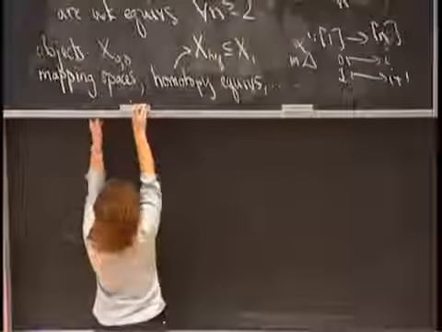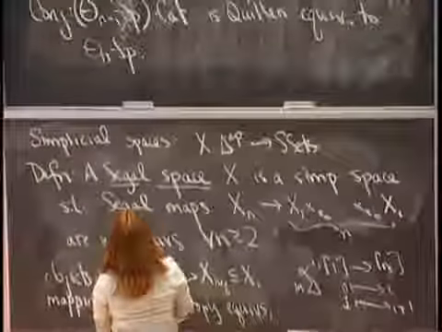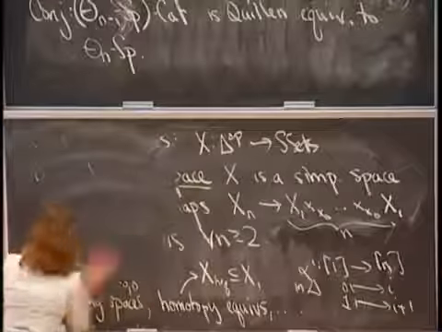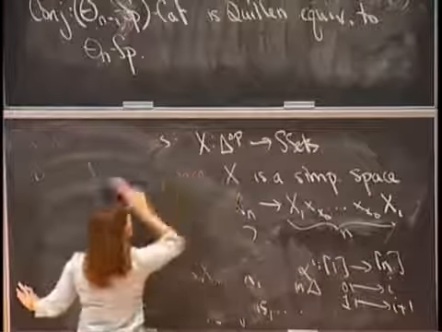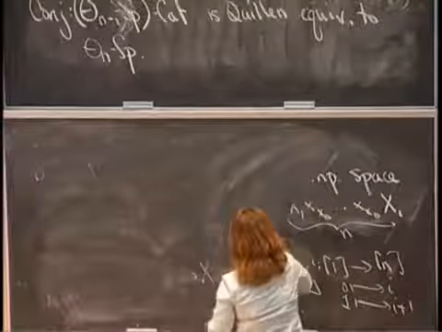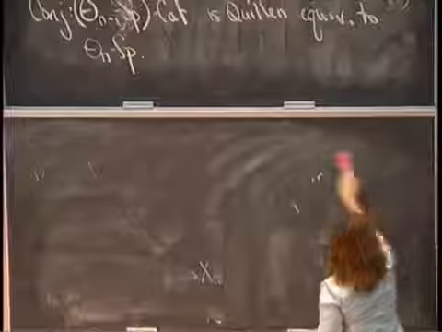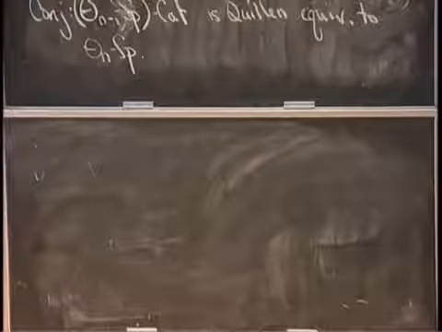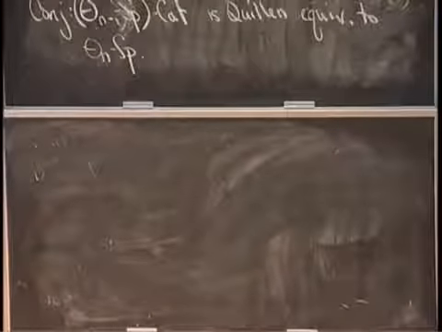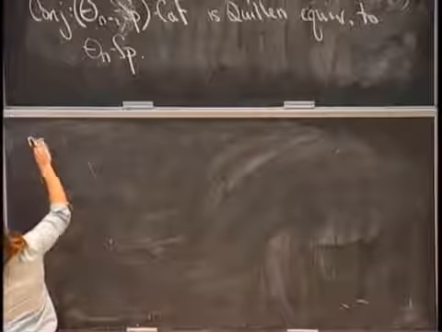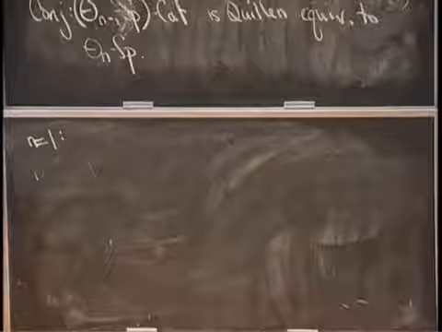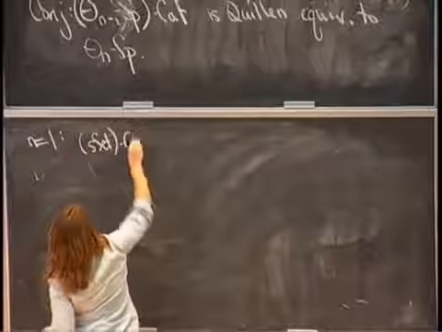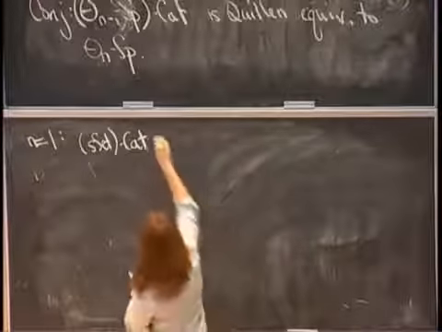So let me finish by saying where we're at in that process. Let me go back to the n equals 1 case. What this string looked like: we had categories enriched in simplicial sets.